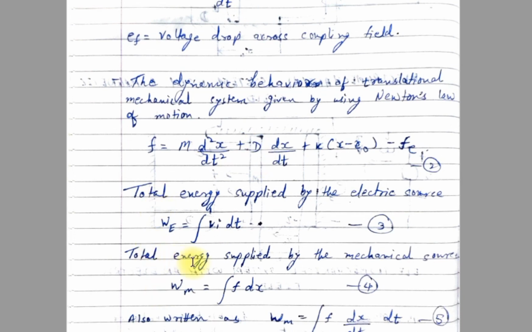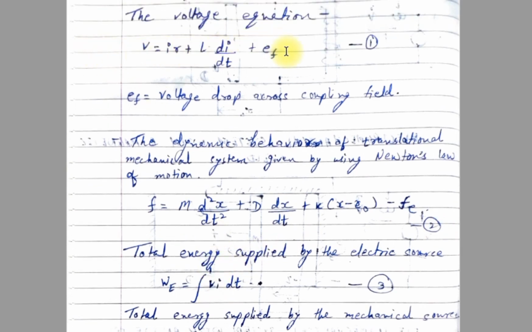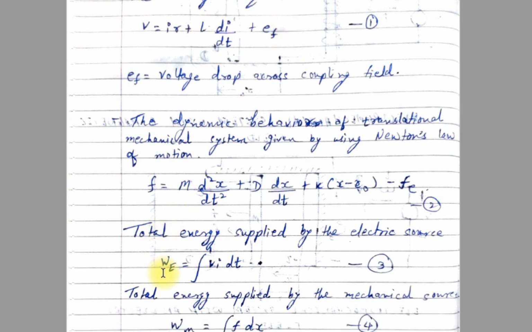Similarly, we have the total energy supplied by the mechanical source, W of capital M, which is equal to the integration of F into dx. And similarly, in equation 4, we know the value of F, which we have seen in equation 2. So let us first substitute the value of V from equation 1 in equation 3.